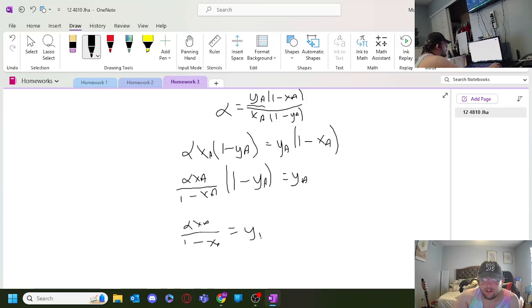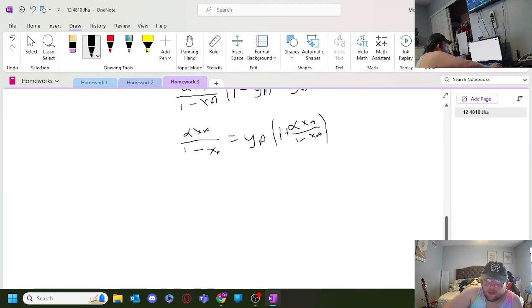So we get YA multiplied by 1 plus alpha XA over 1 minus XA. And then what we're going to do here is make this into a fraction by multiplying it by 1 minus XA.